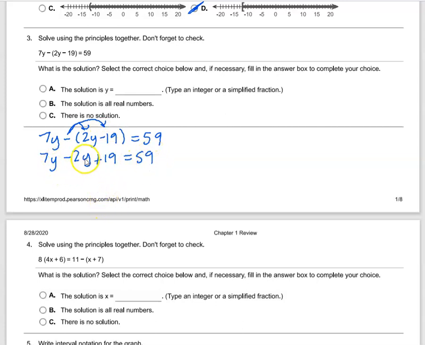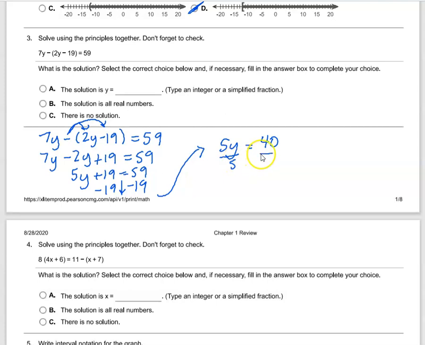So combine like terms. 7y take away 2y is going to be 5y plus 19 is equal to 59. Subtract 19 from both sides of our equal sign, right? And so we're going to get 5y, the 19's turn into 0, and we've got 59 minus 19, which is going to be 40.